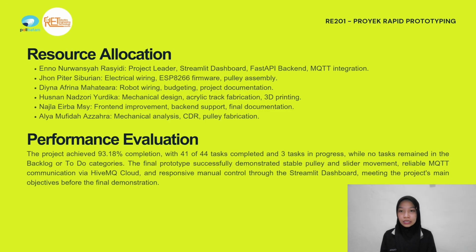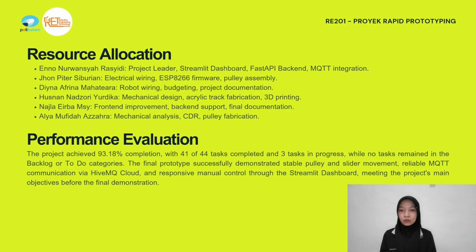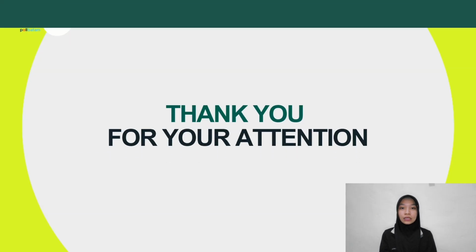The final prototype shows stable pulley and slider movement, reliable MQTT communication through HiveMQ Cloud, and responsive manual control using the Streamlit dashboard. Overall, the project successfully achieved its main objective before the final demonstration.